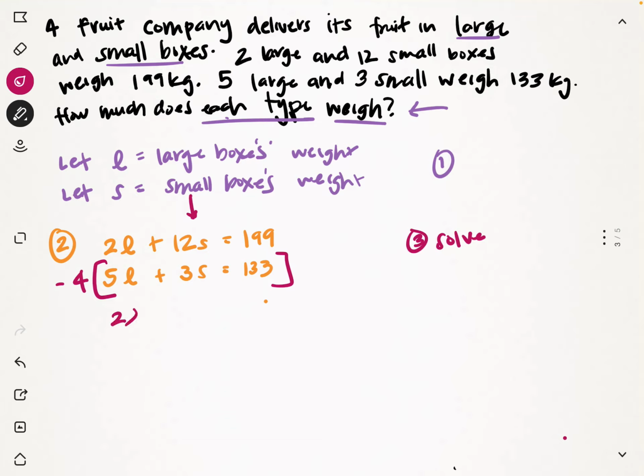So the top is going to stay the same, but the bottom we're going to multiply by -4. So -4 times 5L is -20L. -4 times 3S is -12S. And then -4 times 133, I need a calculator here. So 4 times 133 is 532, negative.